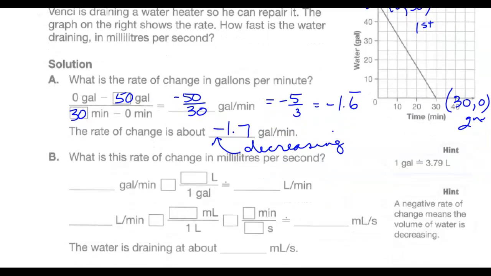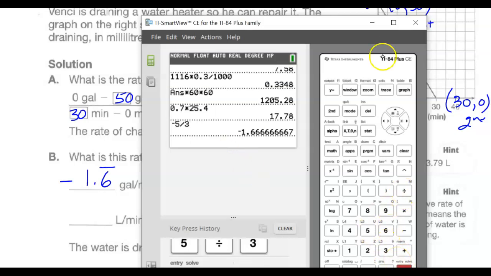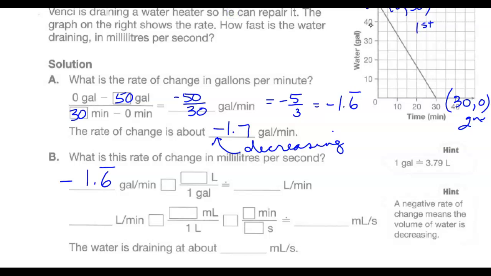It's draining. What is this rate of change in milliliters per second? So this is gallons per minute. And I'm going to keep it exact, okay, 1.6 repeating. So in my calculator, I'm going to do negative 5 divided by 3. So I have it exact there.